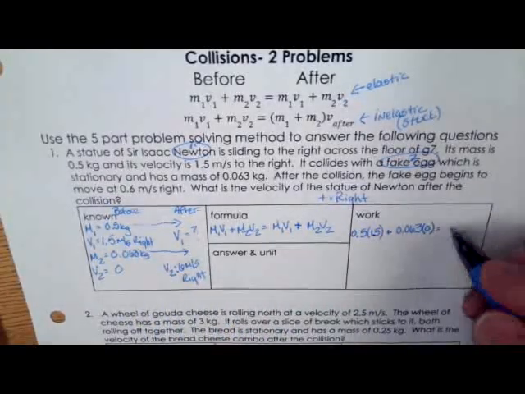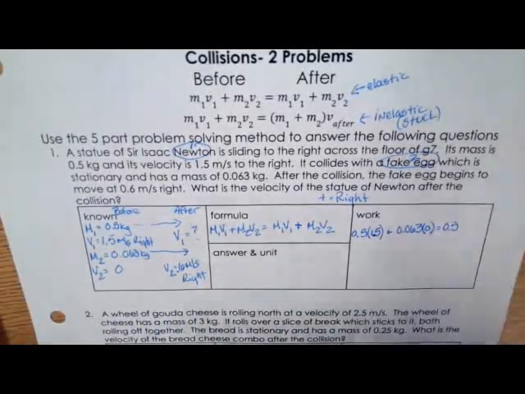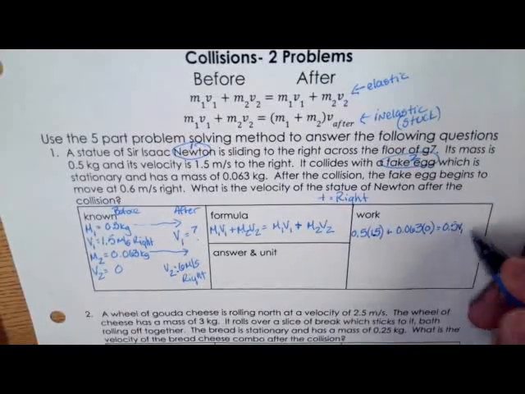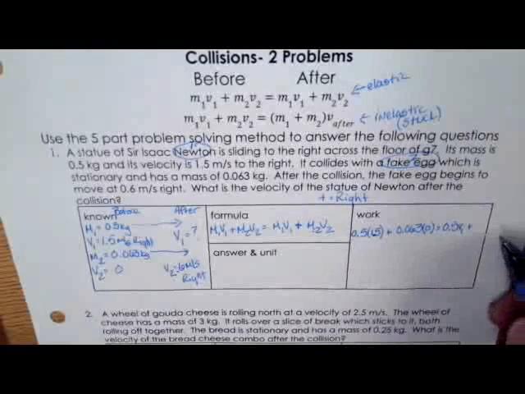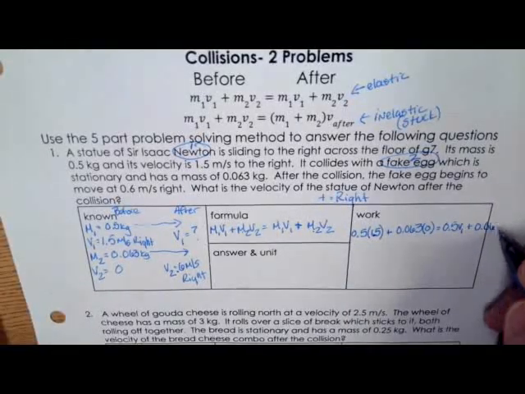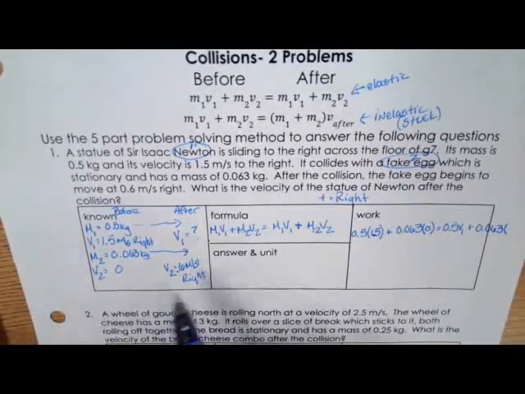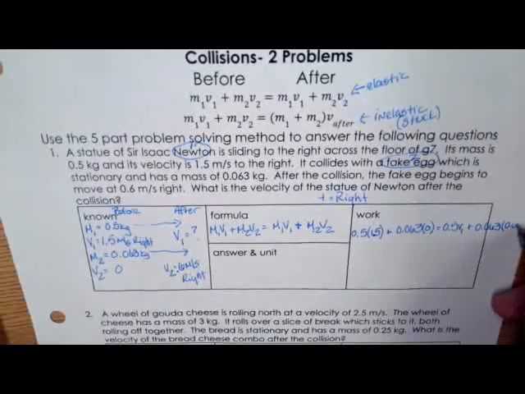Equals m1, the mass is still the same, times v1, which is what we're looking for, plus m2, which is 0.063, times v2, which is 0.6.